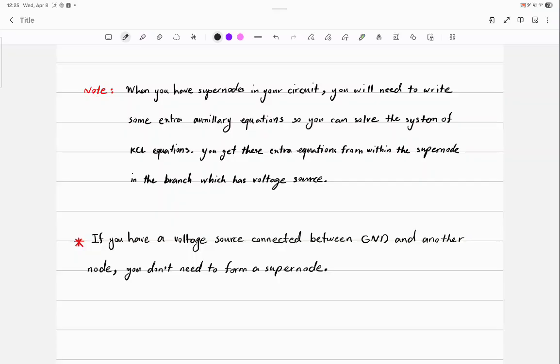So when you're writing the supernode equation, remember, you write one equation for the two nodes that are connected to the supernode, okay? So one equation. But you need another one. Where does that come from? Inside the supernode. What if one of the nodes is ground? Do I consider that a supernode? No, because the other node is automatically known to you, right?